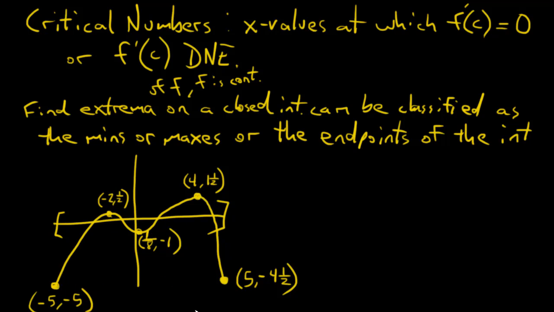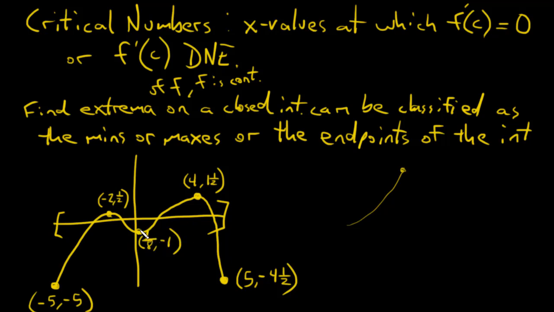And the reason for that is the function is continuous. There's no way I can get a higher maximum than the maximum right here unless it's either a turnaround point or the graph was heading up and it's the endpoint. That is the only way I can get the highest y value in this interval. Same thing for the minimum.